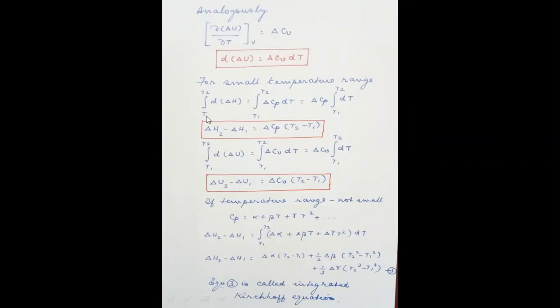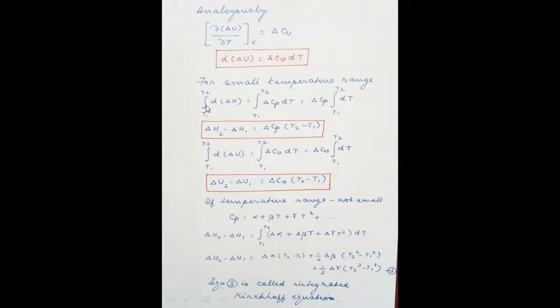Now for small temperature ranges, I can integrate between two temperature limits, T1 and T2. So integral T1 to T2 of d delta H is equal to, as our previous derivation goes on, integral T1 to T2 of delta Cp dT. Here the delta Cp can be taken out. So the equation becomes integral T1 to T2 dT.